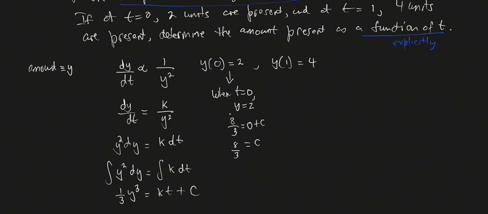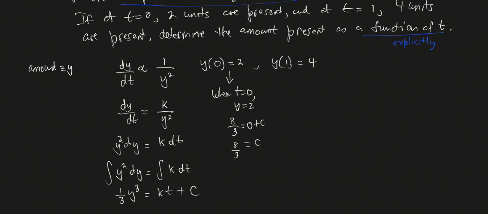And typically what happens is if 0 happens to be one of your initial values of the independent variable, when you apply that condition, it usually allows you to solve for the constant of integration. And then the other condition allows you to solve for the constant of proportionality.